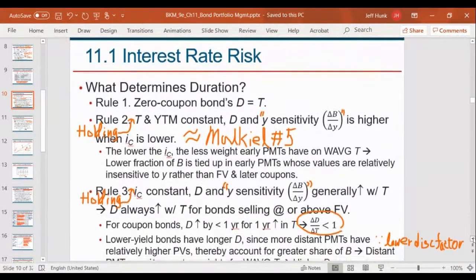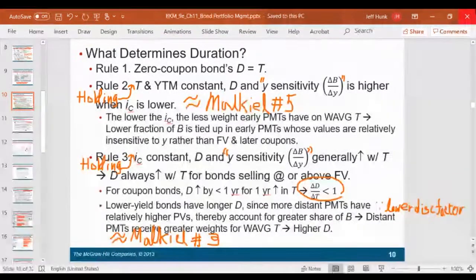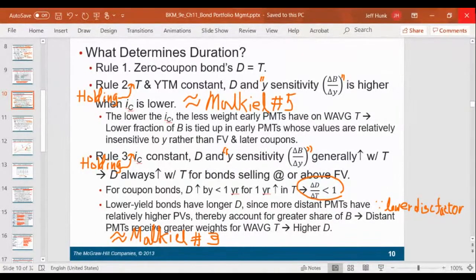All righty. So our next question is, what are the determinants of duration? What determines the duration? Just like Malkiel's theorem, there are 5 rules here. For Malkiel's theorem, there are 6, including non-Malkiel.